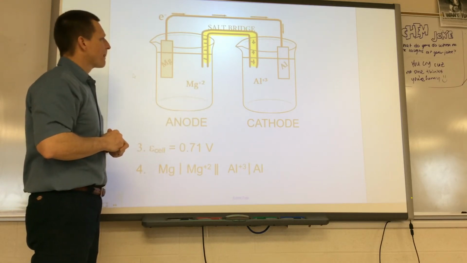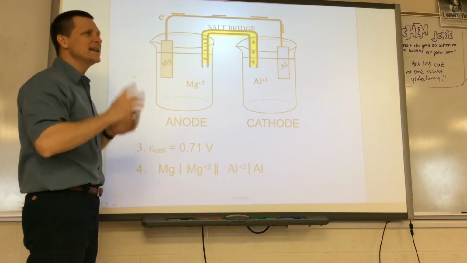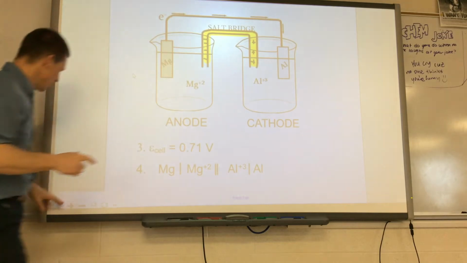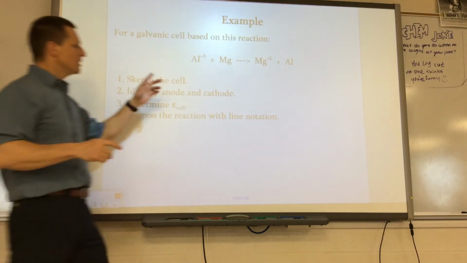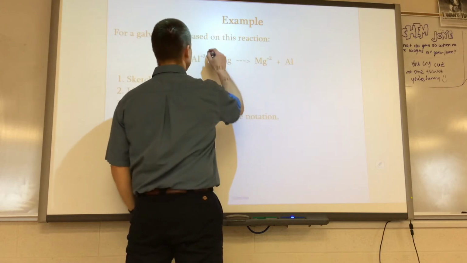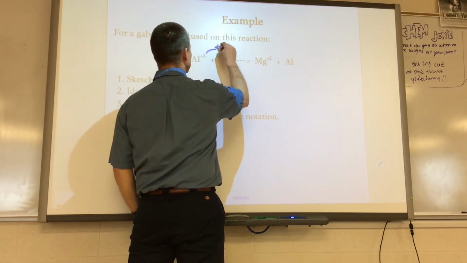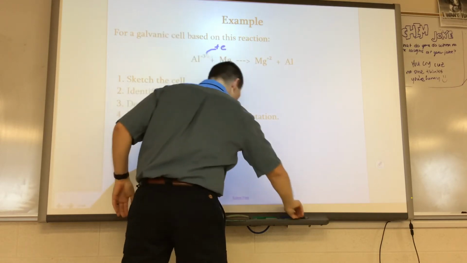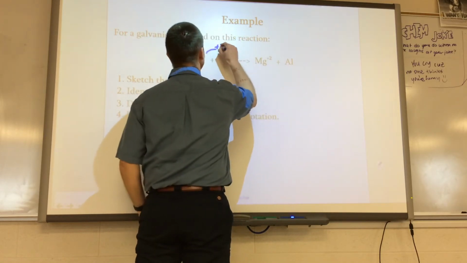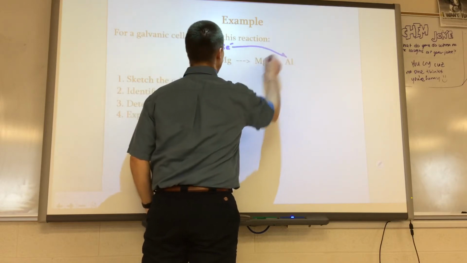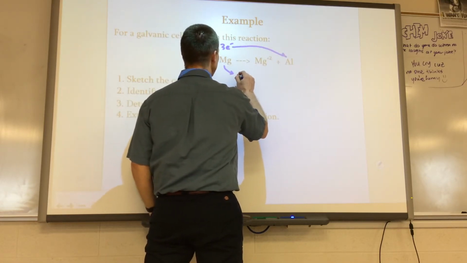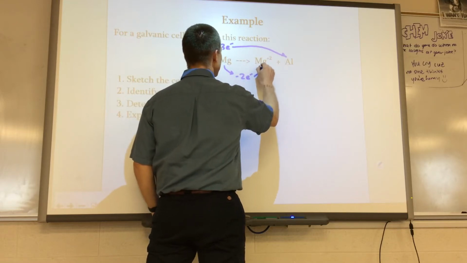How do you know how many electrons? I didn't ask you how many electrons for this one, so you don't need it. However, if we look at this, the aluminum, when it reduces, is gaining 3 electrons. The magnesium is losing 2 electrons as it makes that.